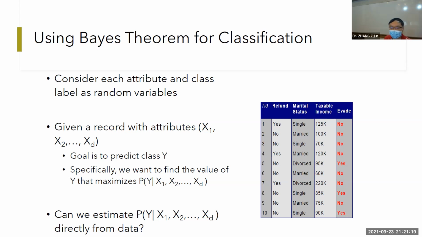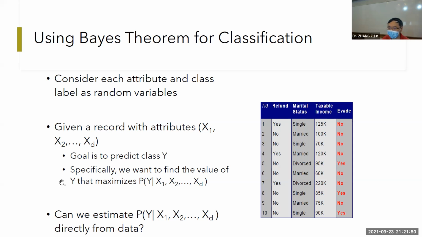Then given a record with attributes x1 to xd, where d means the total number of dimensions, the goal is to predict the class y. Basically, predicting class y means we want to find the value of y which returns the maximal probability of y conditioned on x1, x2 to xd.